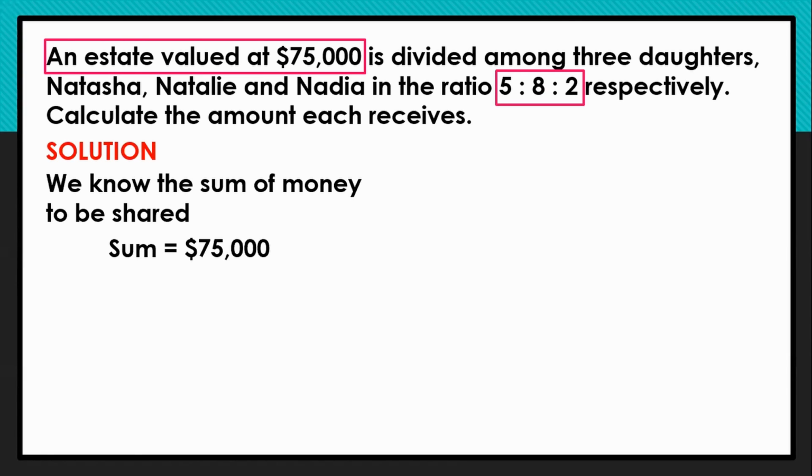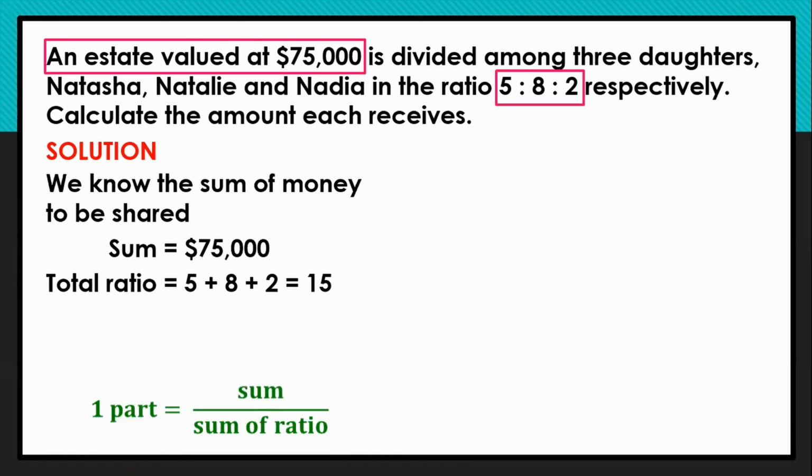We also know that the sum of the ratio is 5 plus 8 plus 2, which is equal to 15. In other words, this means that this $75,000 will be shared into 15 parts.